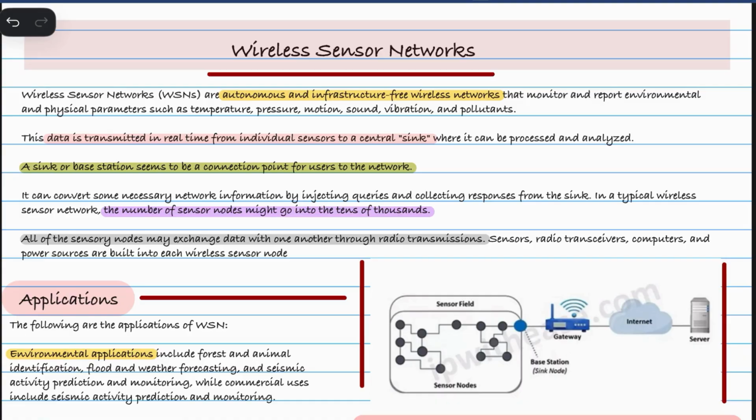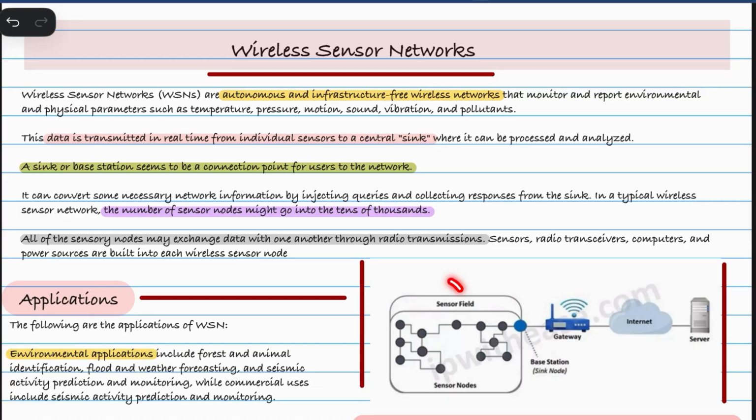Alright, and they gather raw ecological metrics like heat, sound, pressure, and hop the data from node to node across the network until it reaches one point called a sink or a base. Alright, so the sink acts as a bridge, allowing human operators to inject queries and pull out real-time analysis.